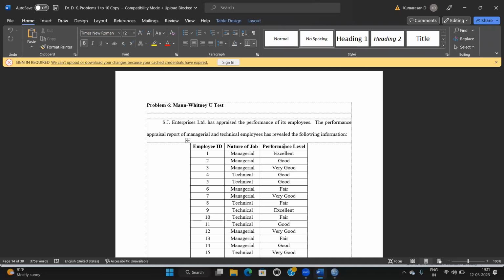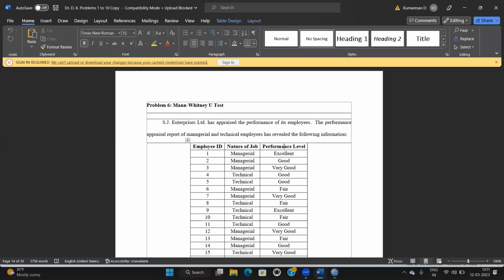The real values were given: number of journeys booked, 125, 225, 178, like that. But here, the performance level is given as the dependent variable, not as real values.